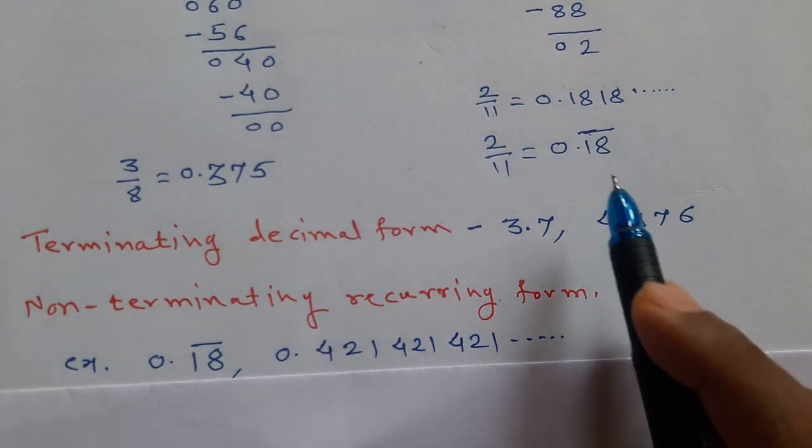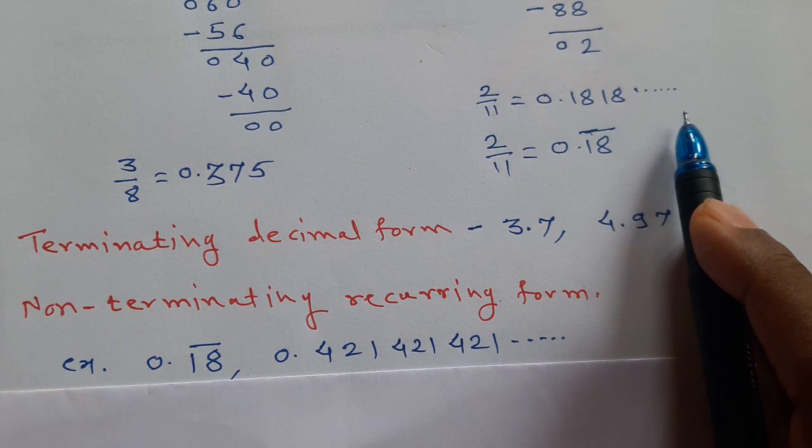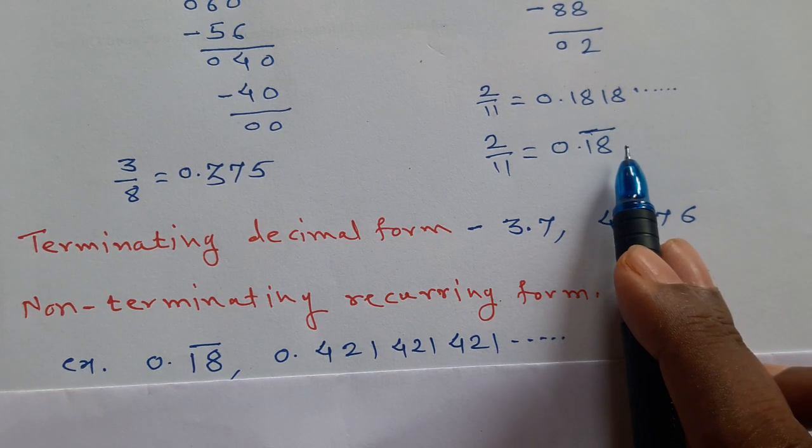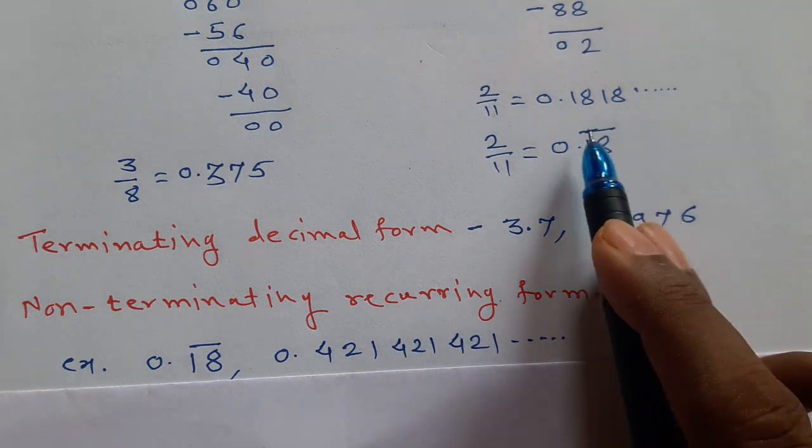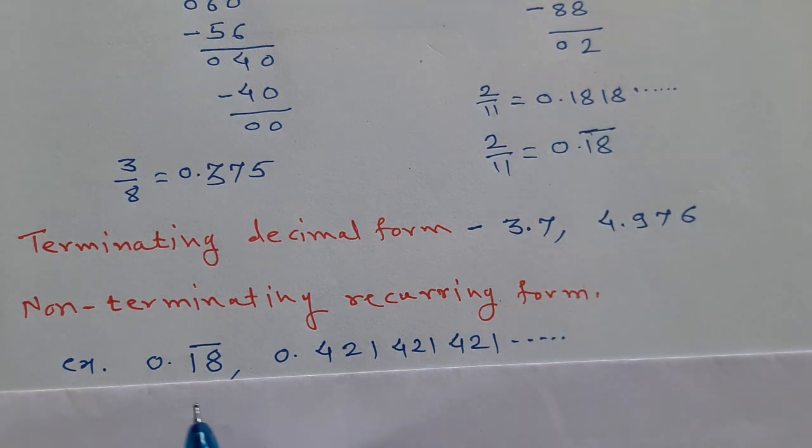This number 0.1818 and so on is non-terminating recurring. 18 is the recurring number. Or another number we can take here, 0.421, where 421 is recurring. Then this number is called non-terminating recurring form.